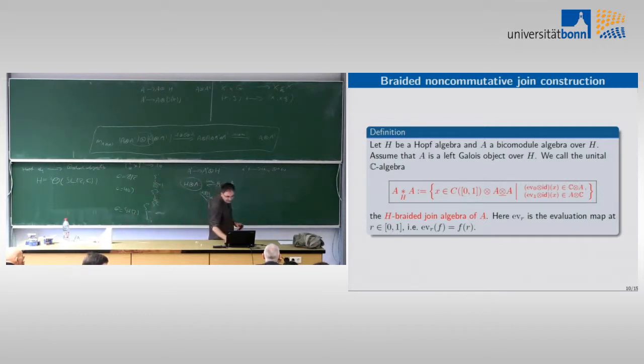All right, so that's, if you want, the main hero. This now explains what I mean by the braided join. So braided refers just to this algebra structure, which is not relevant for that definition. I will need it later on to turn this join algebra into a join comodule algebra. And this is the way you get, if you want, a non-commutative version of a join construction.